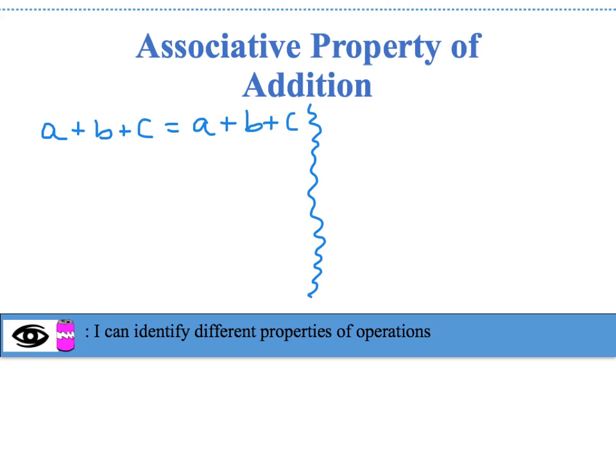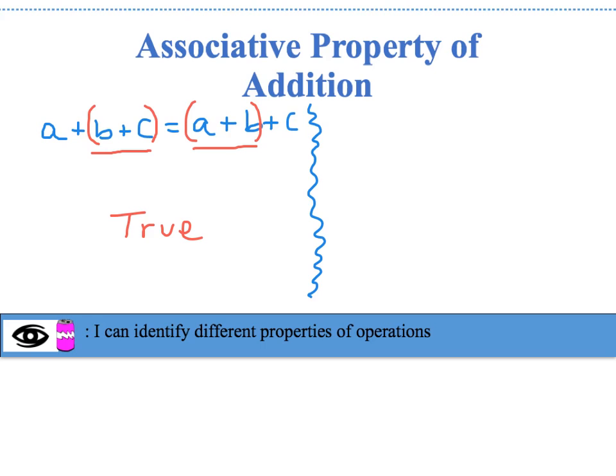So on the left-hand side, B and C are friends, but on the right-hand side, A and B are friends. Just because the grouping symbols changed, this is still a true statement. So think of the grouping symbols as the groups of friends. On the left side, B and C are friends, and on the right side, A and B are friends.